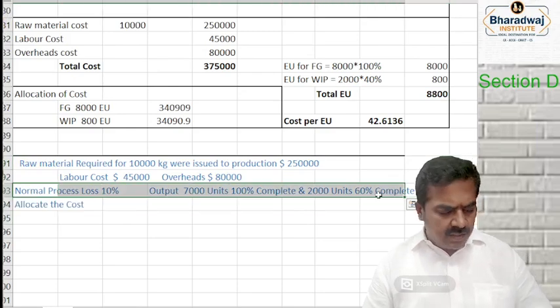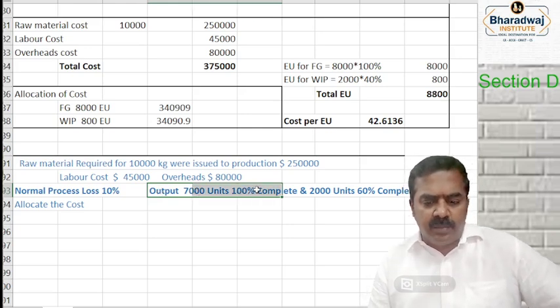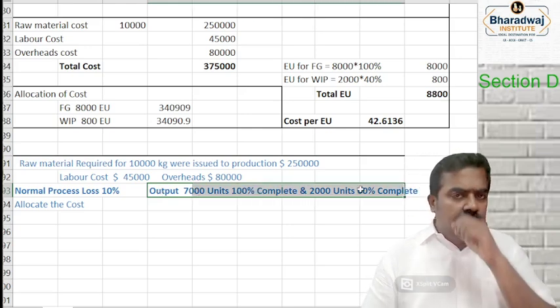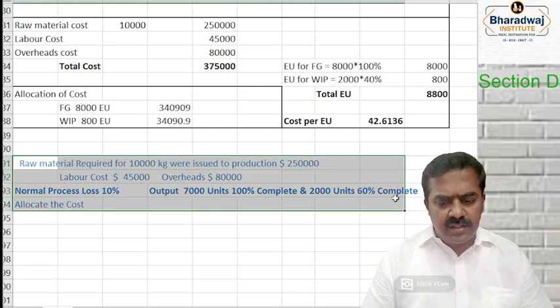Normal process loss is how much? 10%. Output is 7,000 units, which are 100% complete. That means finished goods 7,000 units, and 2,000 units are 60% complete.